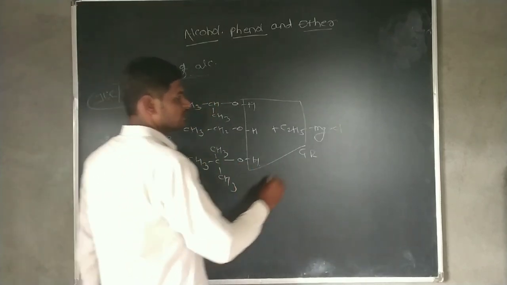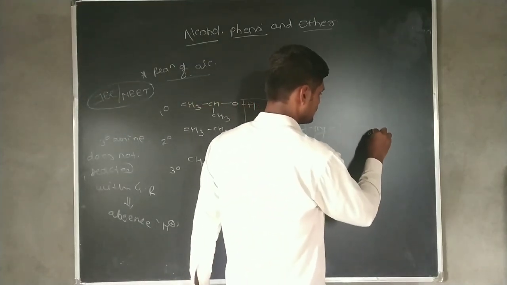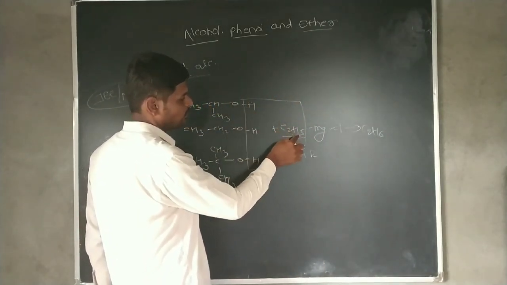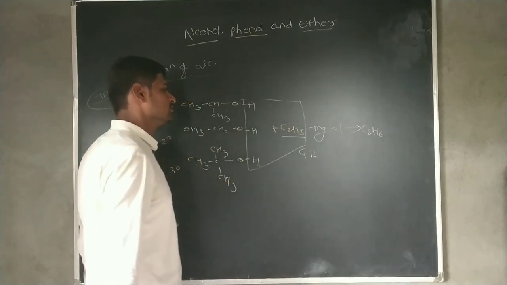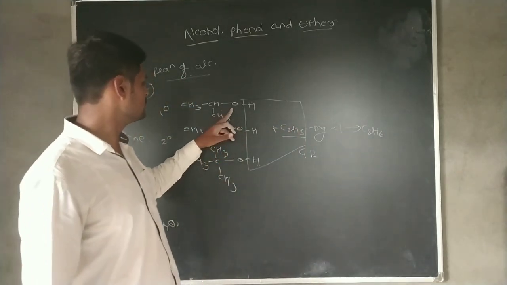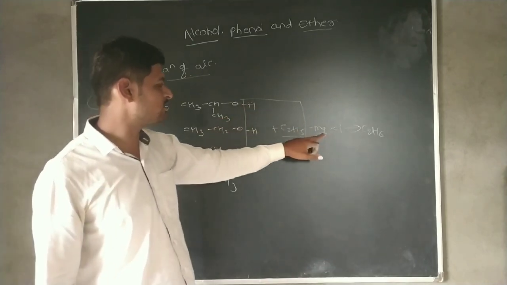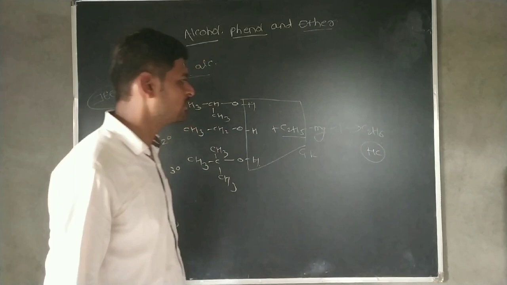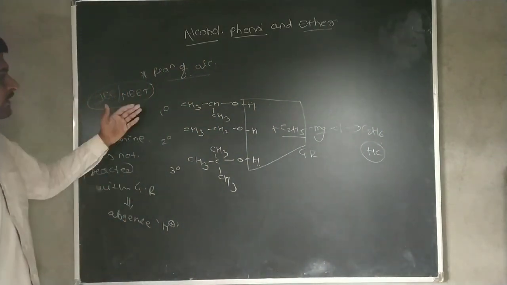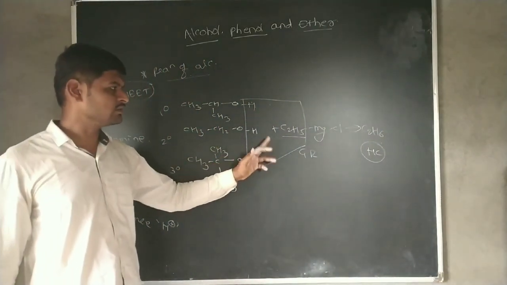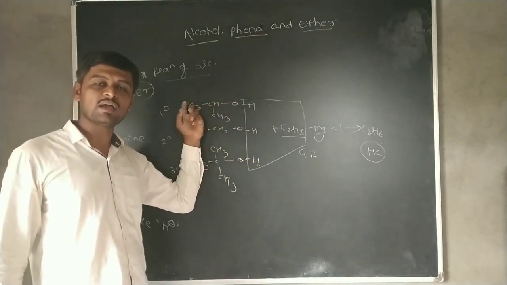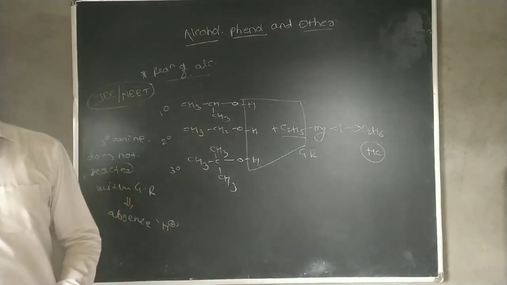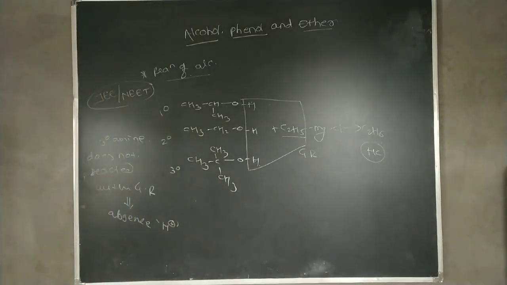Then it forms the respective alkane, that is C2H6. C2H5 after addition of one hydrogen forms C2H6, plus the remaining part, which is attached with magnesium and Cl. There is a formation of alkanes. That means the Grignard reagent reacts with primary alcohol, secondary alcohol, and also tertiary alcohol.